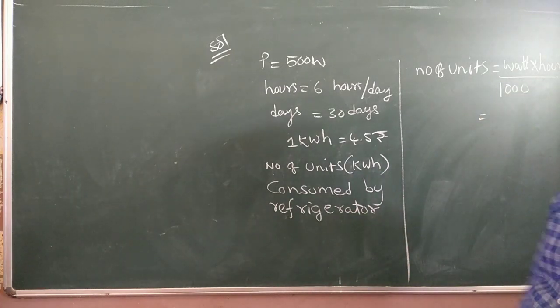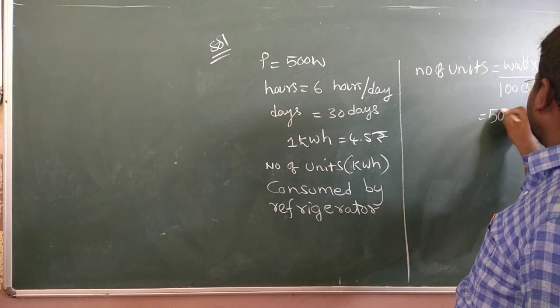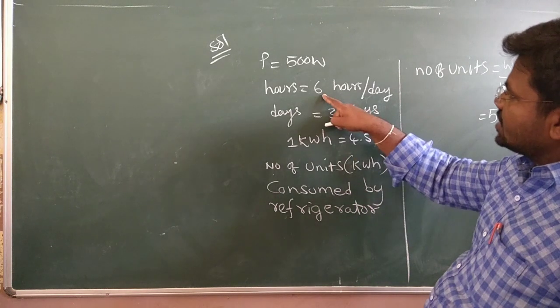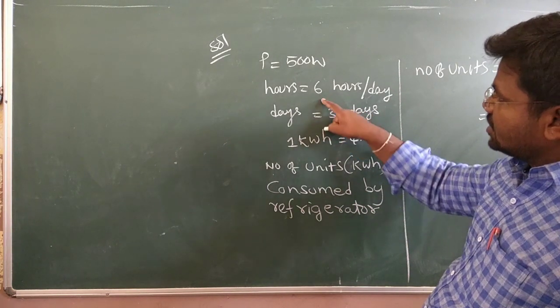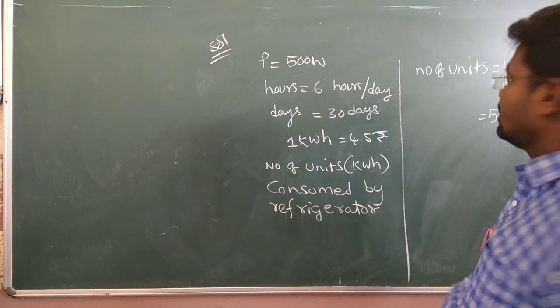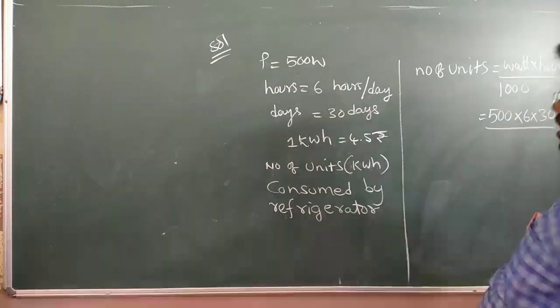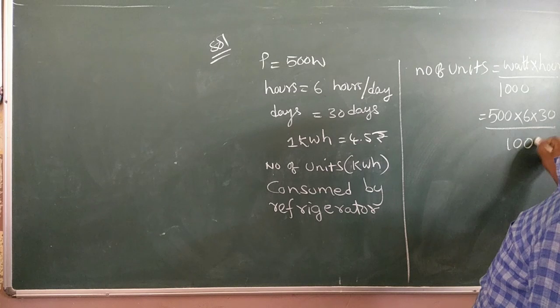How many watts are there here? 500, into how many hours? 6 hours in 30 days, so 6 into 30, divided by 1000.